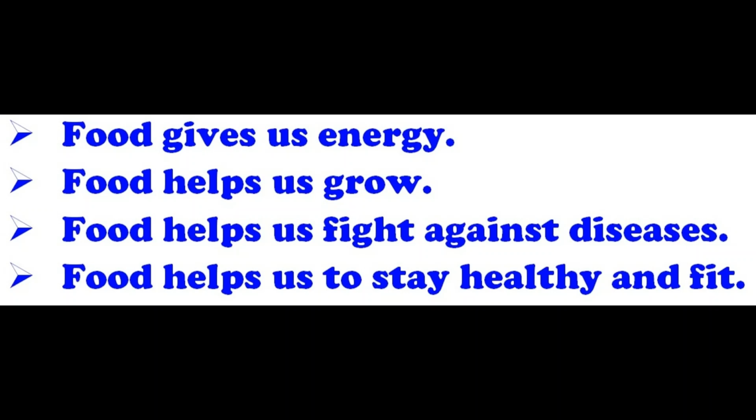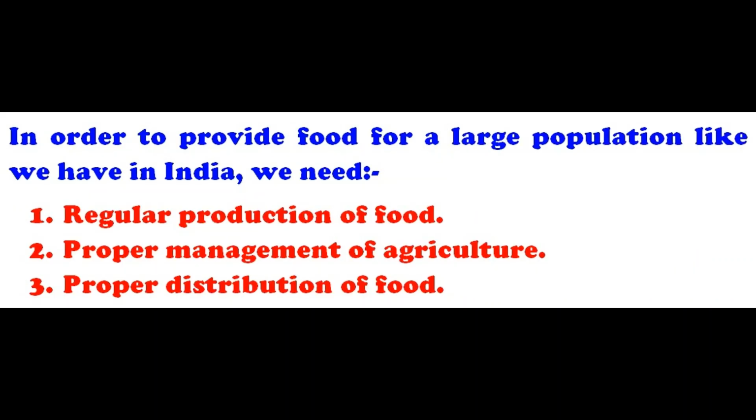Now, India being a very big country, we have a very large population here. To become food sufficient, in order to provide food for such a large population, we must produce food regularly.